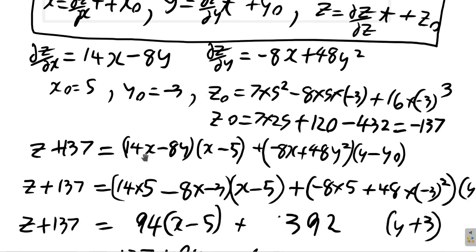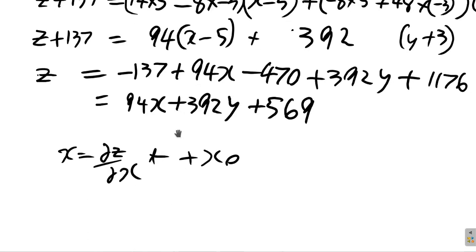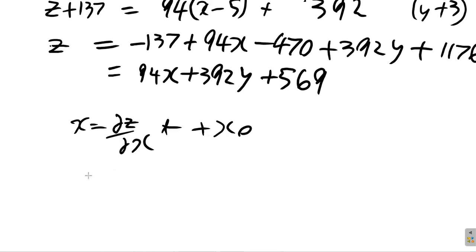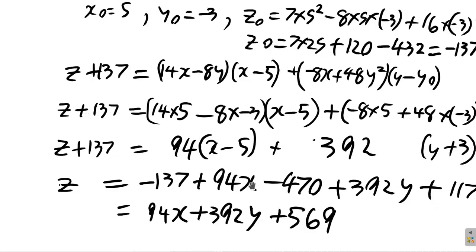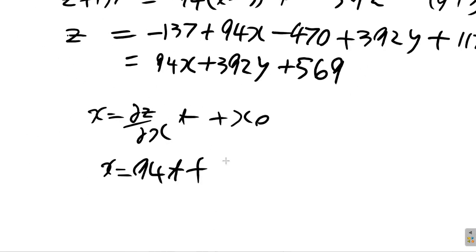What was it again? Delta z by delta x at the particular point was 94. So x equal 94t plus x naught was 5. Alright. So we have 94t plus 5.